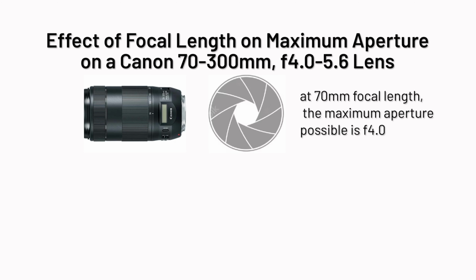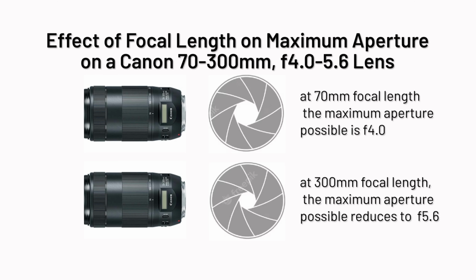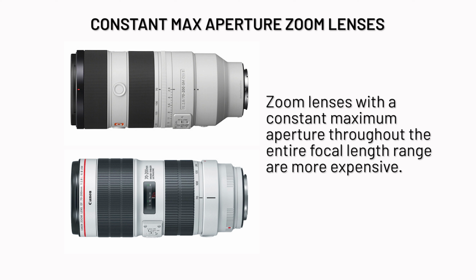And then when you zoom all the way out to 300 millimeters, the maximum opening that you can get on this lens becomes 5.6. So the maximum opening goes down as you zoom in. It's not fixed. But you also get lenses that zoom in and out but have a fixed maximum aperture. And those lenses are really expensive but are really good lenses.